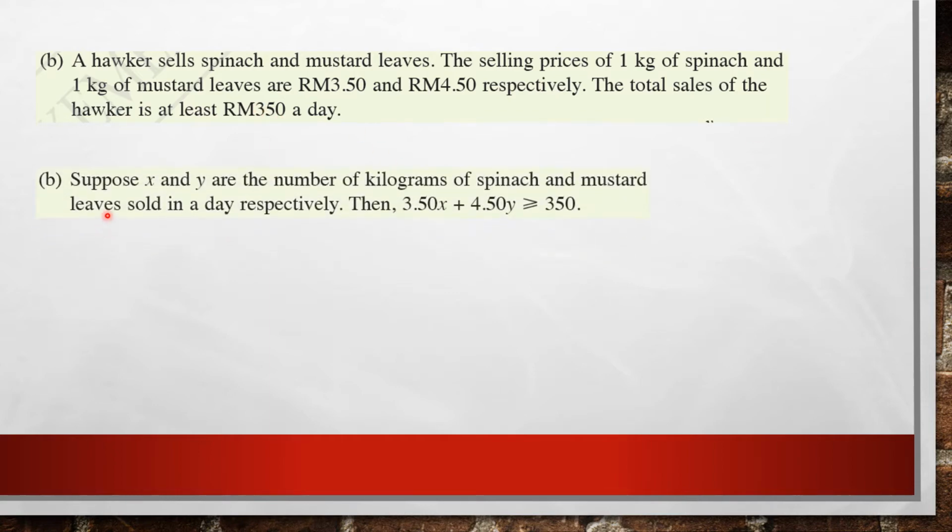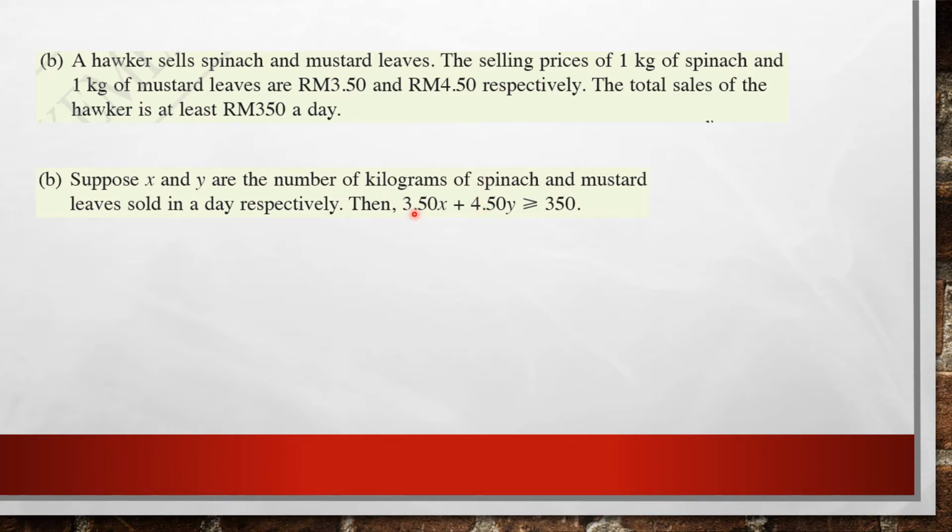Okay, suppose x and y are the number of kilograms of spinach and mustard leaves sold in a day respectively. That means spinach is represented by x and mustard by y. So 1 kilogram of spinach is 3 ringgit 50 cent and mustard is 4 ringgit 50 cent.